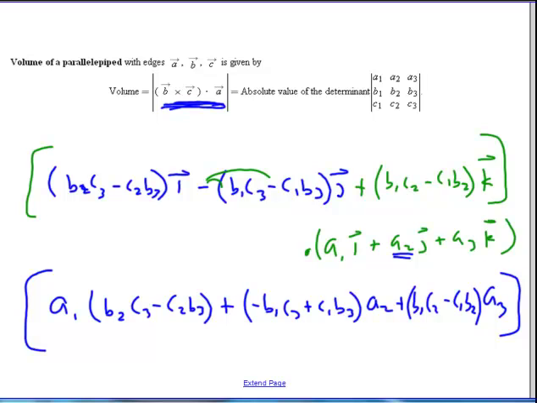And the idea is we can use the matrix here to generate that. If we use the absolute value of the determinant, the value of this quantity, and let me just start a new page.